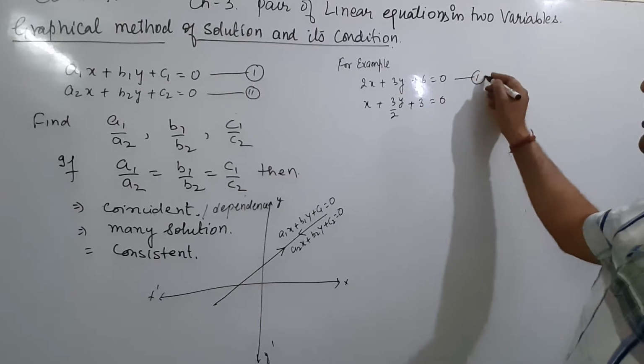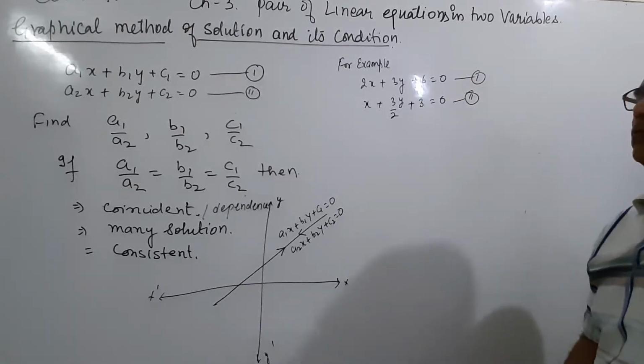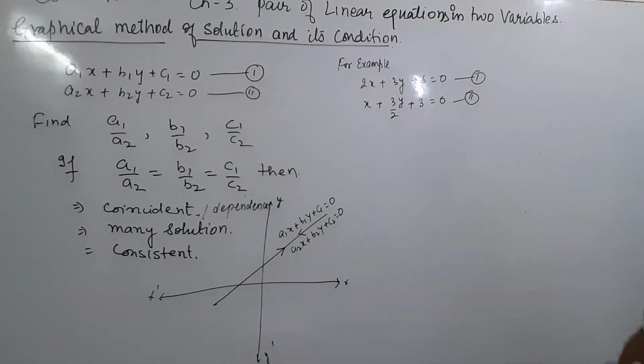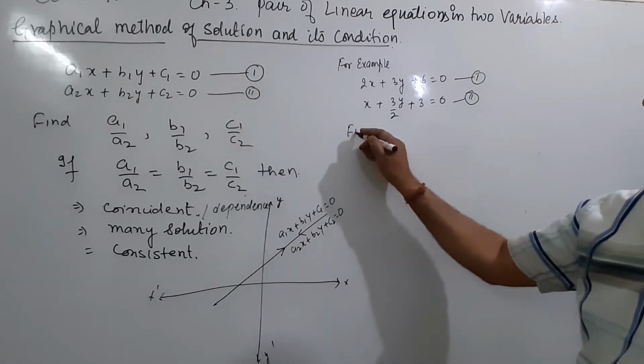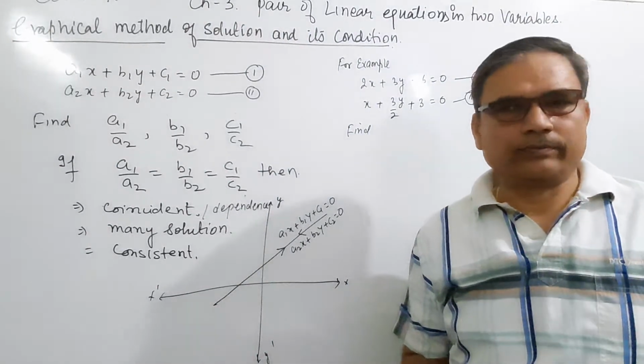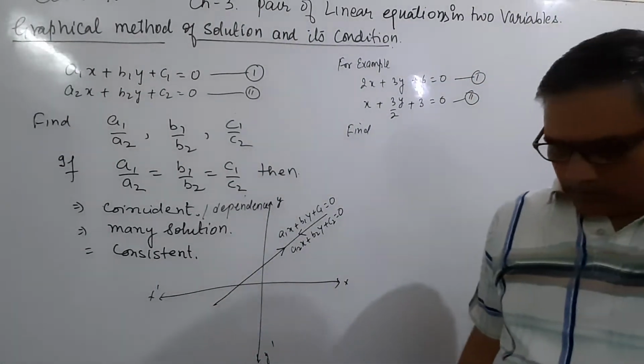This is equation number first, equation number second. And what we have to do? We have to find out what? Solve it after this. Again I am giving you some time to solve it, but not too much. What we will do after this?